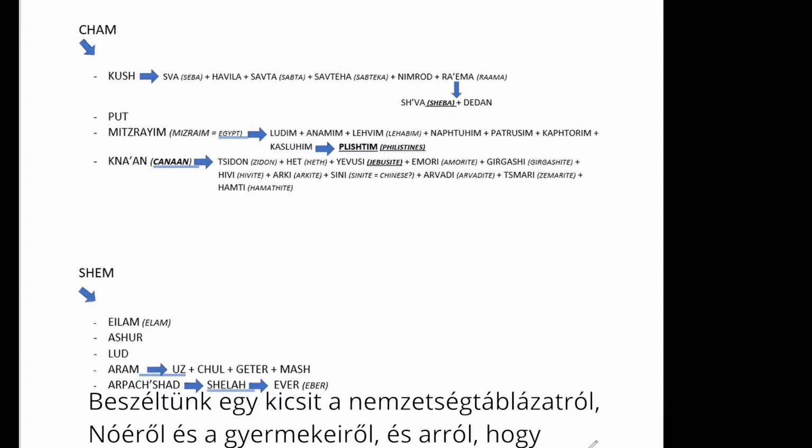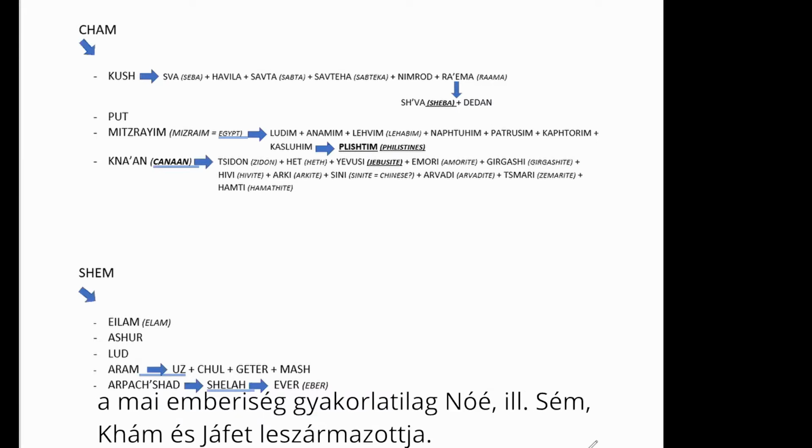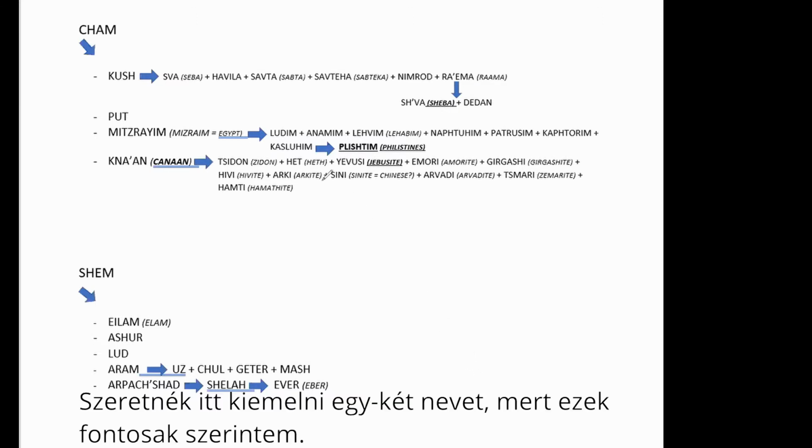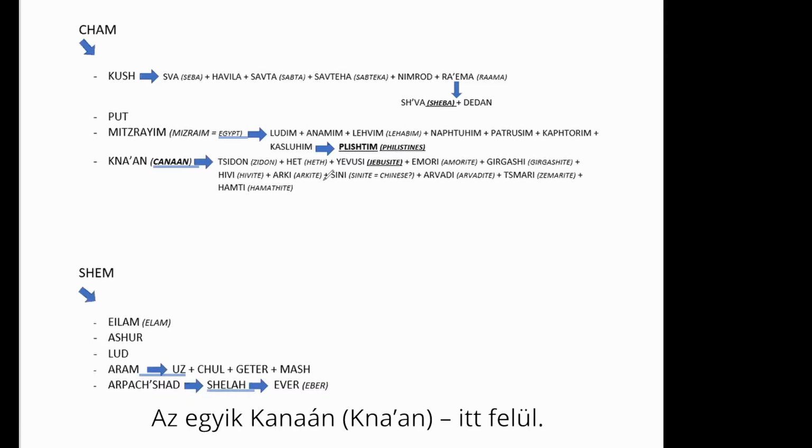We talked a little bit about genealogy, about Noah and his children, and how from Noah's children comes basically modern-day humanity; we are all descendants of Noah: Shem, Ham, and Japheth. I want to highlight one or two of the names here because this is interesting, I think. This is Canaan right over here, and Canaan is the son of Ham.